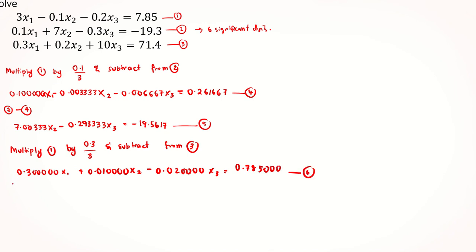Then we are going to subtract equation 6 from equation 3 to get 0.190000 x2, because x1 cancels out, leaving us with x2 and also x3.